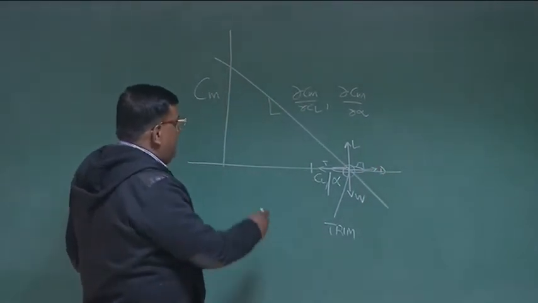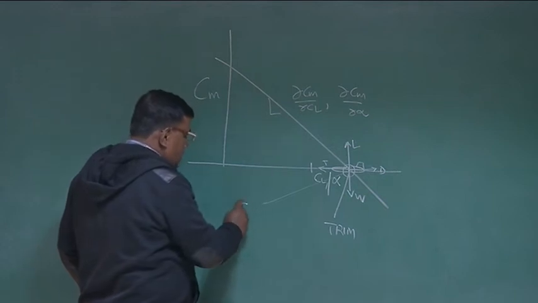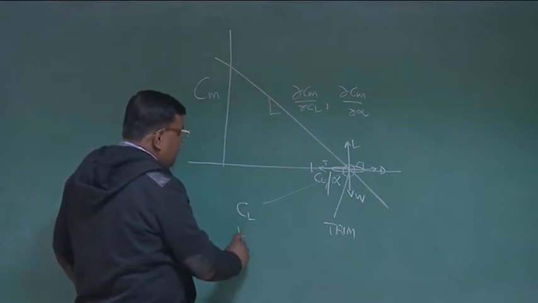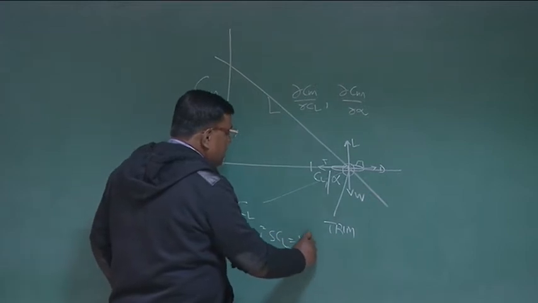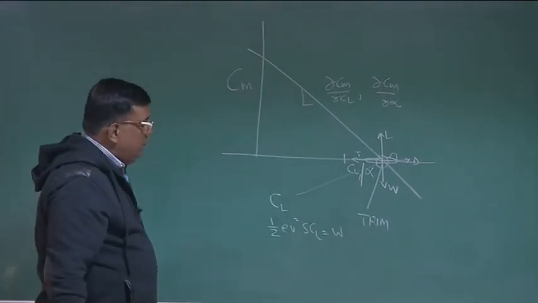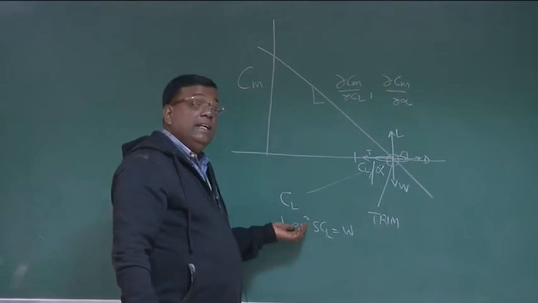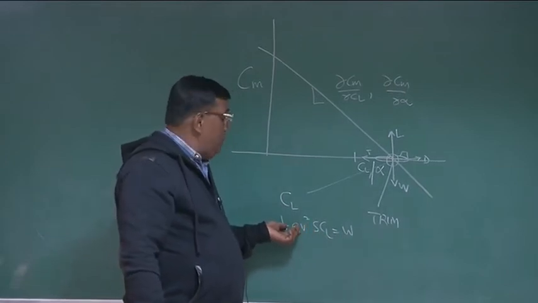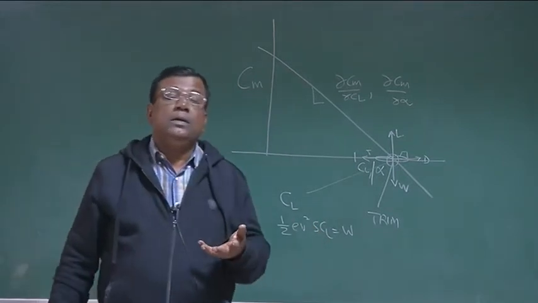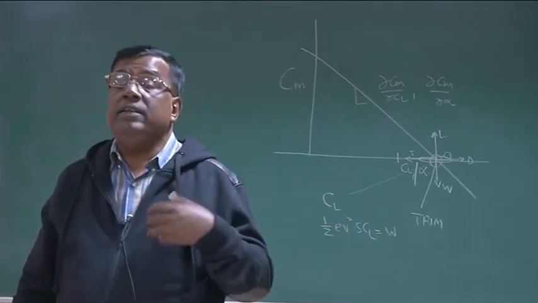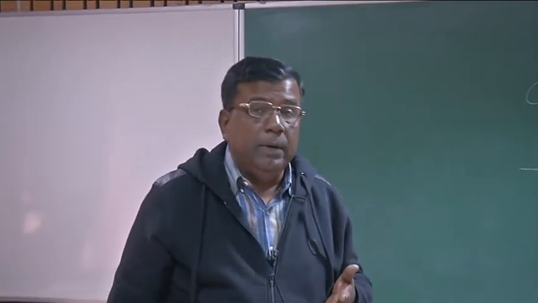So if this corresponds to a particular CL, then I must ensure half rho V square S CL equal to W. So for a given W, given decided speed, given altitude rho, and given wing area, that will tell you what is the CL I should fly. That means what is the CL at which I will trim the airplane.